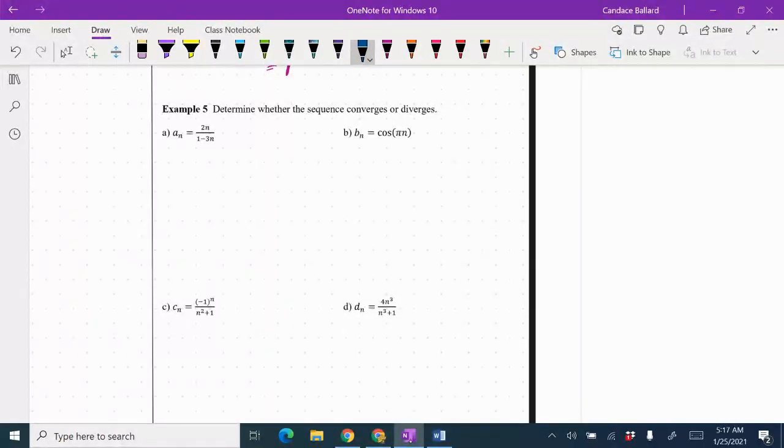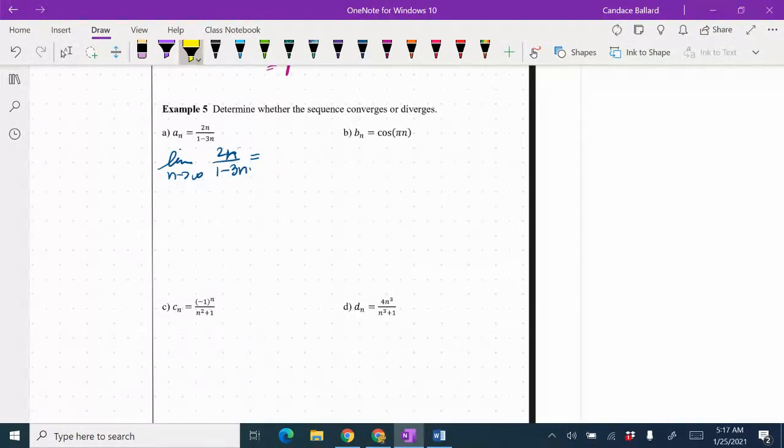So in this first one, I'm going to set it up as the limit as n approaches infinity of 2n over 1 minus 3n. And if you remember back to AB, we know that we can take the limit as we approach infinity, and we kind of ignore the constant as long as these exponents are the same, and the limit is the number in front.